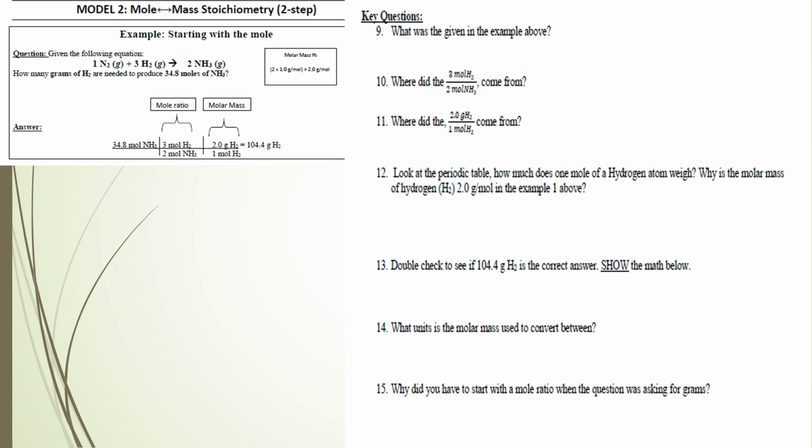All right, so now we are looking at Model 2. Just refreshing our memory, what was Model 1? What was the relationship for Model 1? Mole of substance A to mole of substance B. All right.